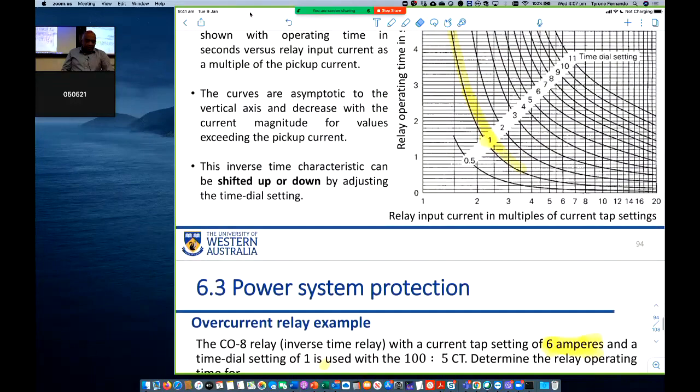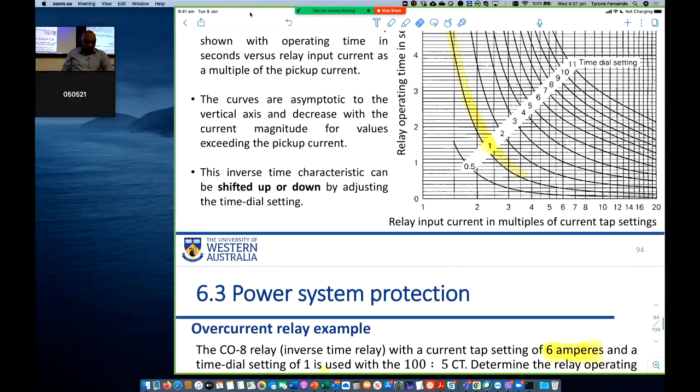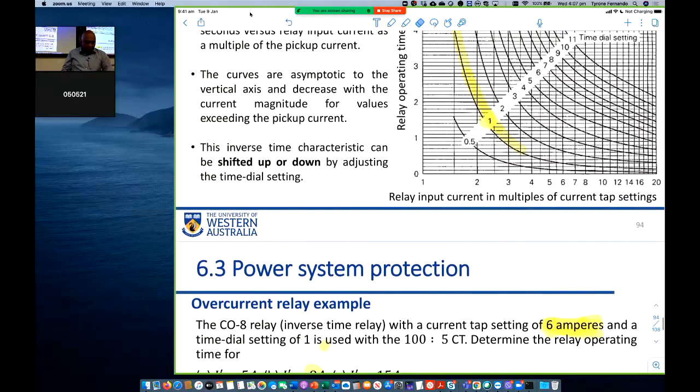Current tap setting of 6 means it tells you the multiple to look at. Current tap setting tells you the multiple that you need to look at here. So if the pickup current is 6, then the multiple is 1.